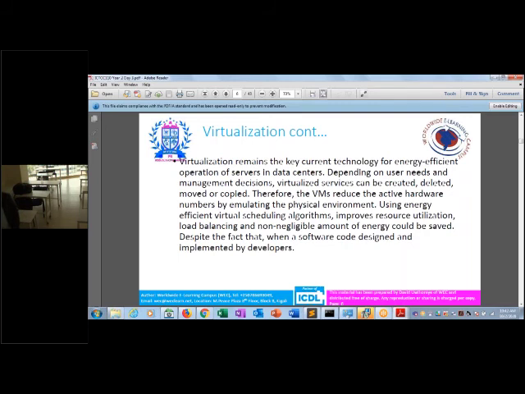So, by using these virtual machines, we are improving resource utilization. We are achieving load balancing.